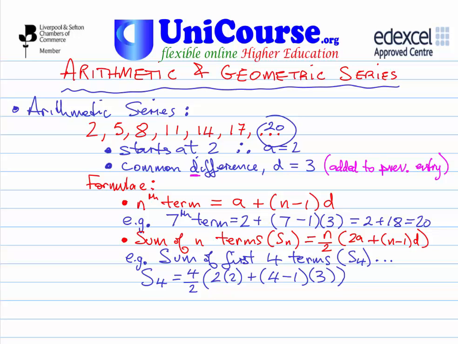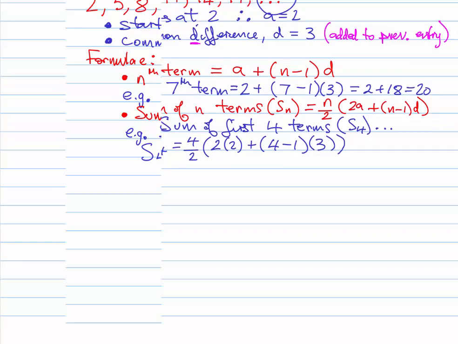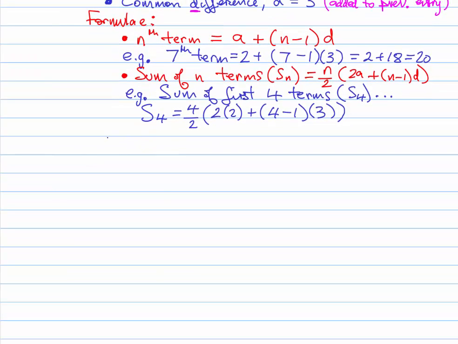Okay, and then we're looking to simplify that lot out, so therefore the sum of the first 4 terms is going to be 4 over 2 gives you the 2, 2 2's are 4, so 2 lots of 4 plus 4 minus 1 gives you 3, 3 3's are 9. Okay, so that's 2 lots of 13, which of course is 26.